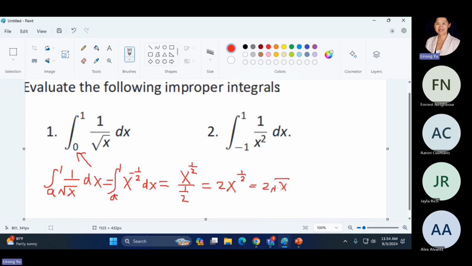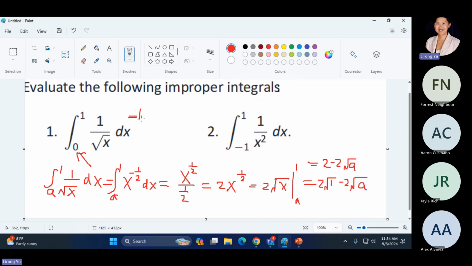That's the integral function. And we were supposed to make the value go to 1 on the upper limit and a on the lower limit. To calculate this, we would have 2 times root of 1 minus 2 times root of a. Root of 1, of course, equals 1. So this whole thing actually is equal to 2 minus 2 times root of a. Okay, so let's calculate this.